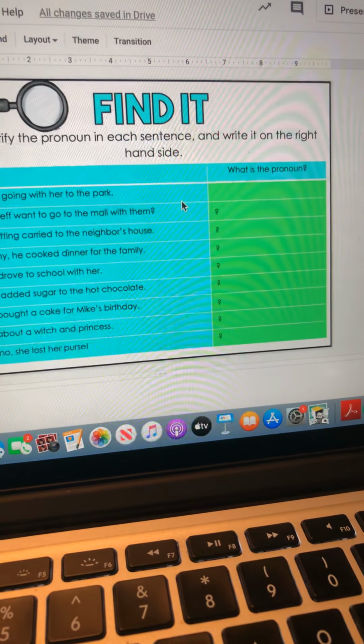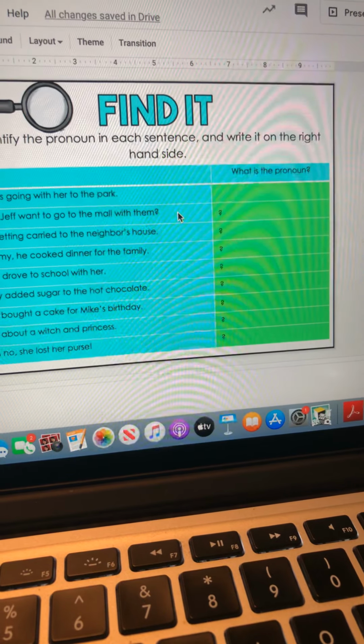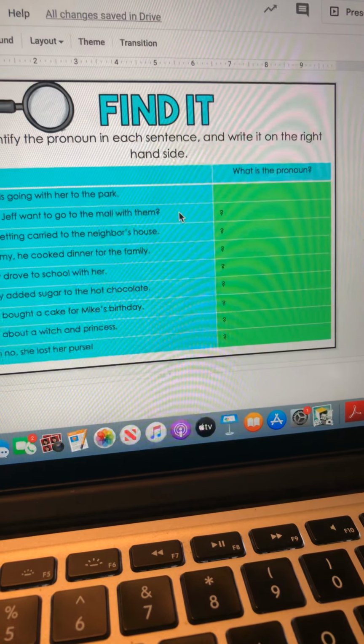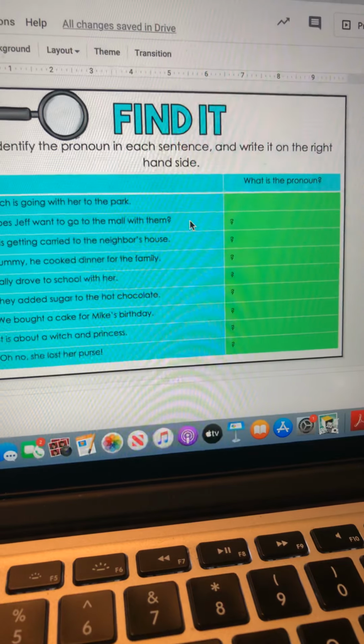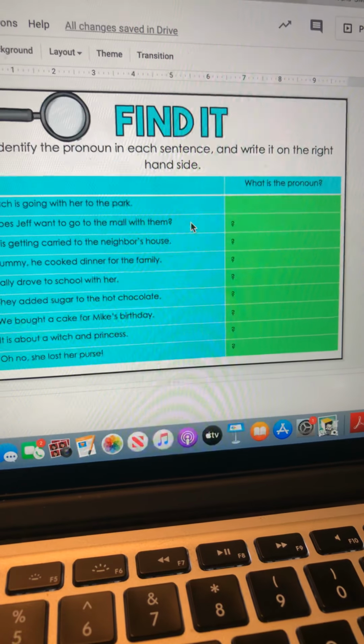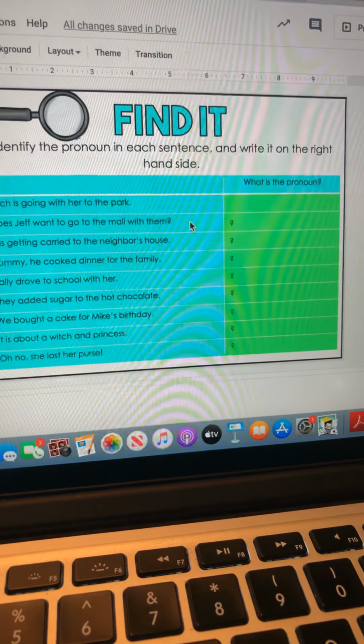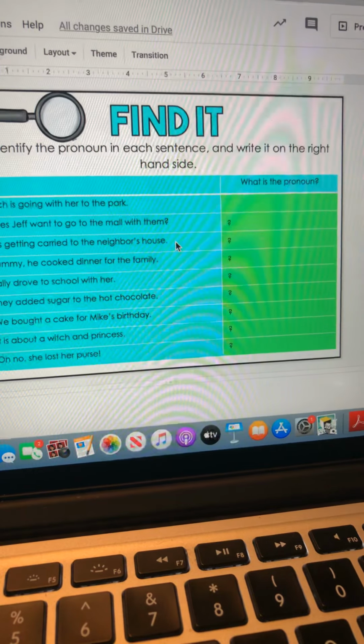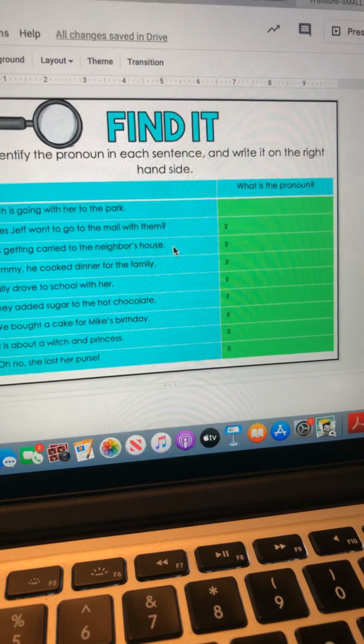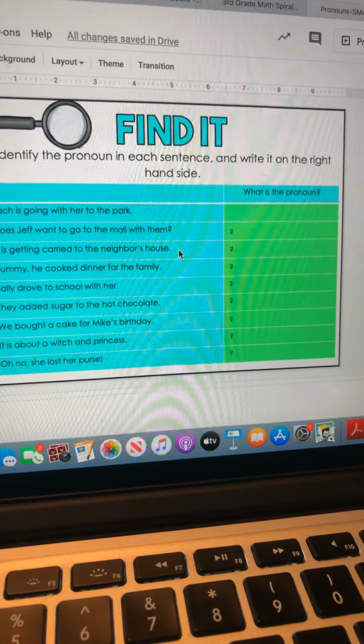All right, I'm going to go down to the next one. Does Jeff want to go to the mall with them? The next sentence. It is getting carried to the neighbor's house.